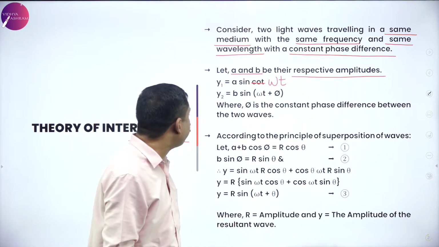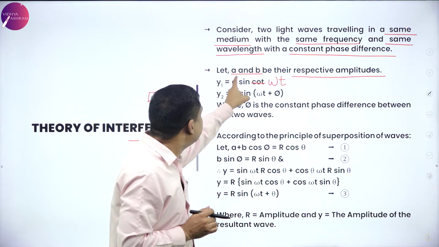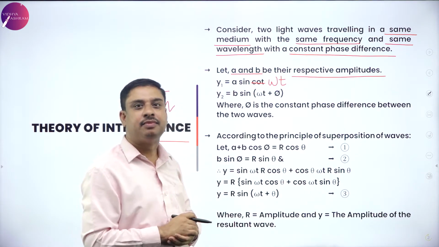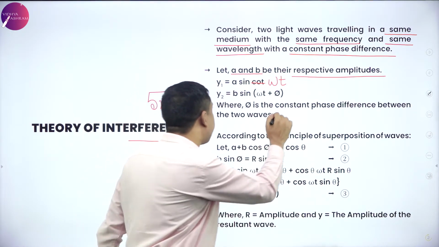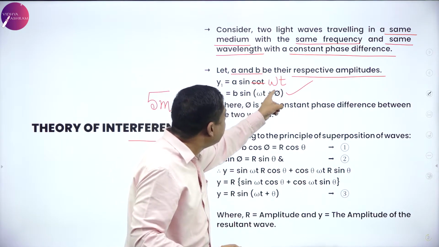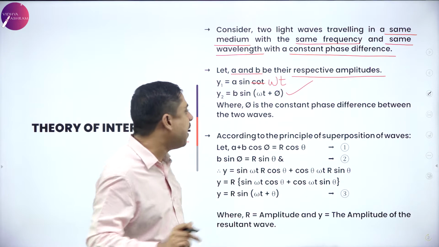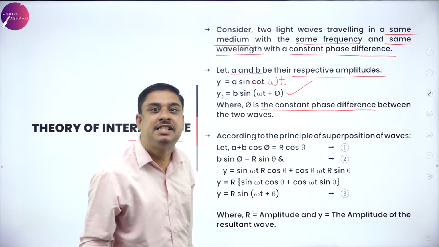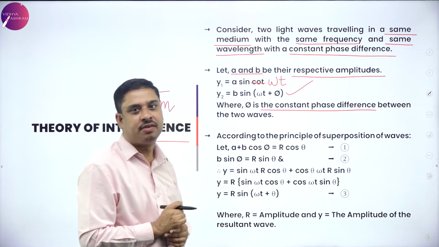Displacement of the first wave is given by y1 equals A sin omega t, and displacement of the second wave is B sin(omega t plus phi), additional term phi, where phi is the constant phase difference between the two waves.